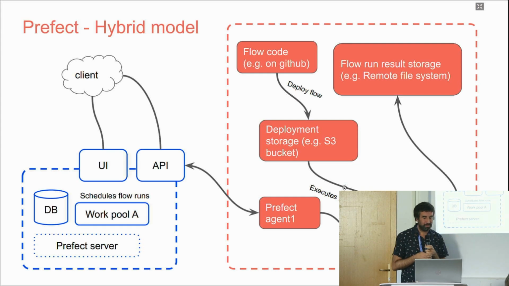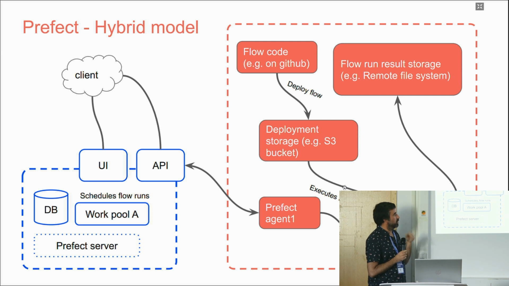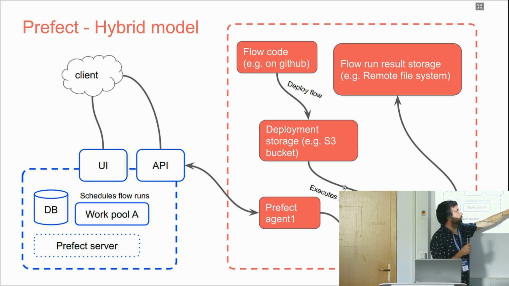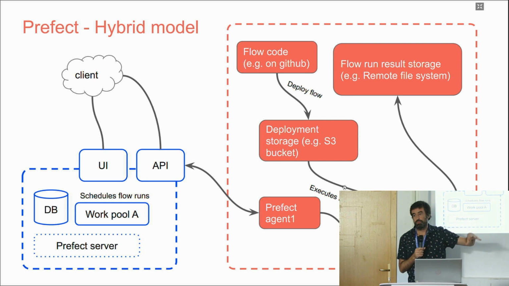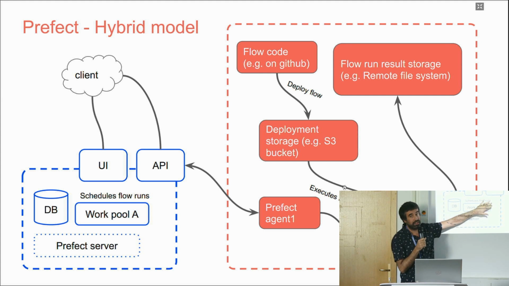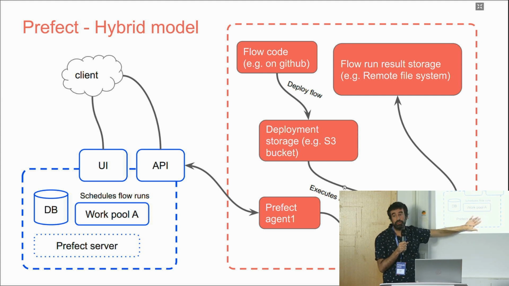In a nutshell, Prefect's architecture uses a neat hybrid model in which there is, let's say, an orchestration plane, and there is a workflow plane or infrastructure. These two components are really well separated, which means that we can have these components running on some cloud, or even the people that make Prefect offer a managed Prefect cloud where you can, if you want to, run this part of the component.